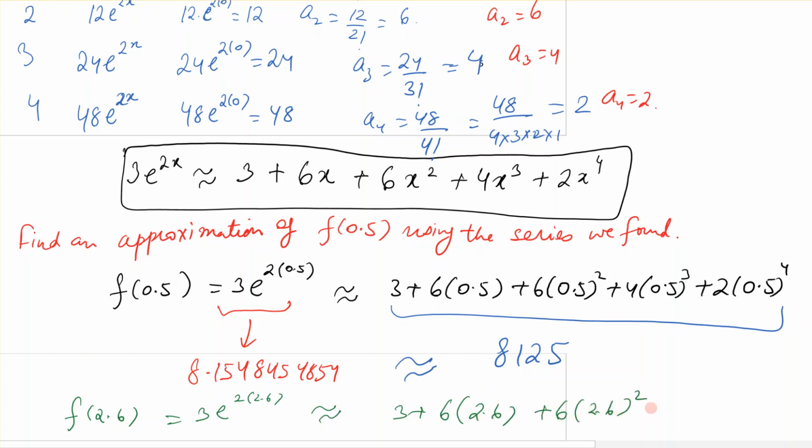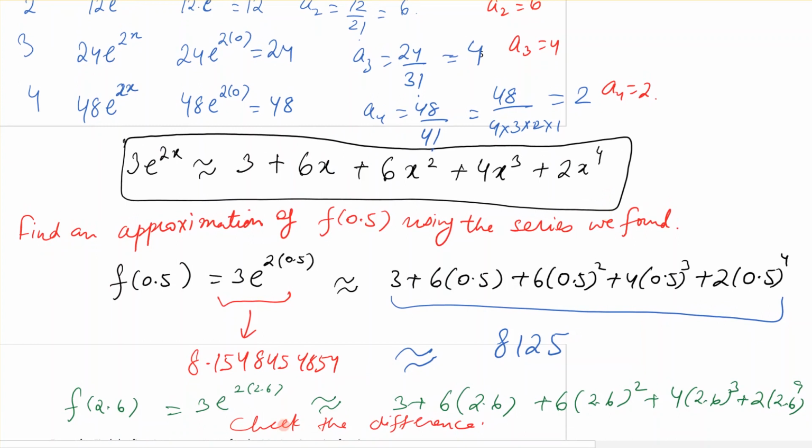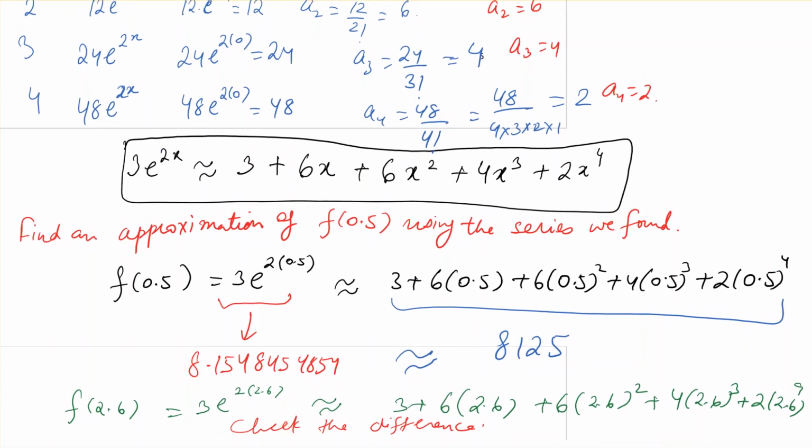If we use this series for our 2.6 value, there is a huge difference in both values compared to using the calculator. So check the difference; you will see that there is a big difference. I hope that makes sense.